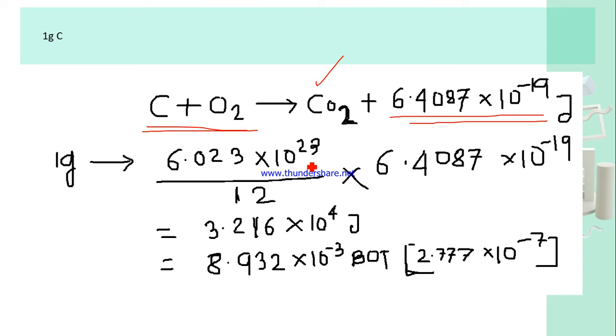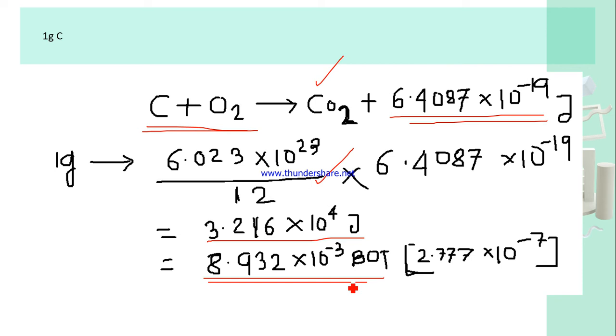Similarly, 1 gram of carbon contains Avogadro number divided by its mass number, this many atoms of carbon, which can produce this much joule.